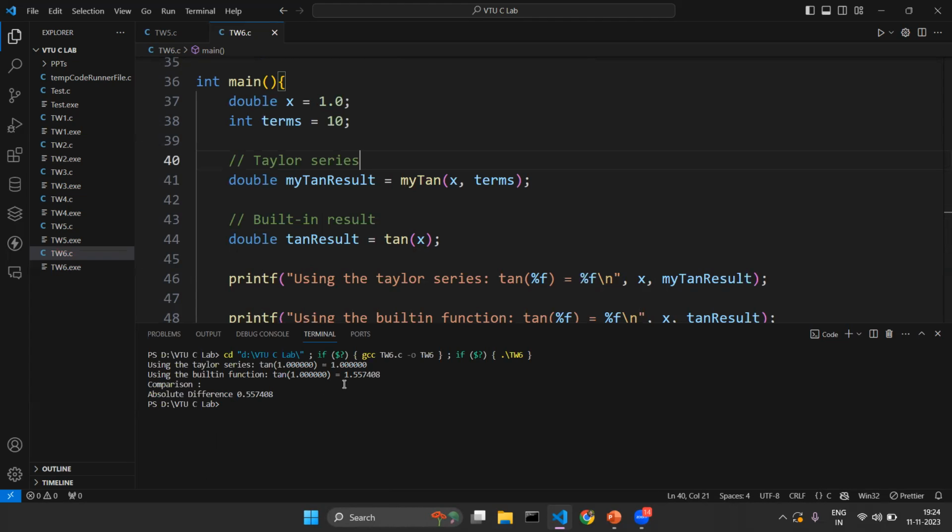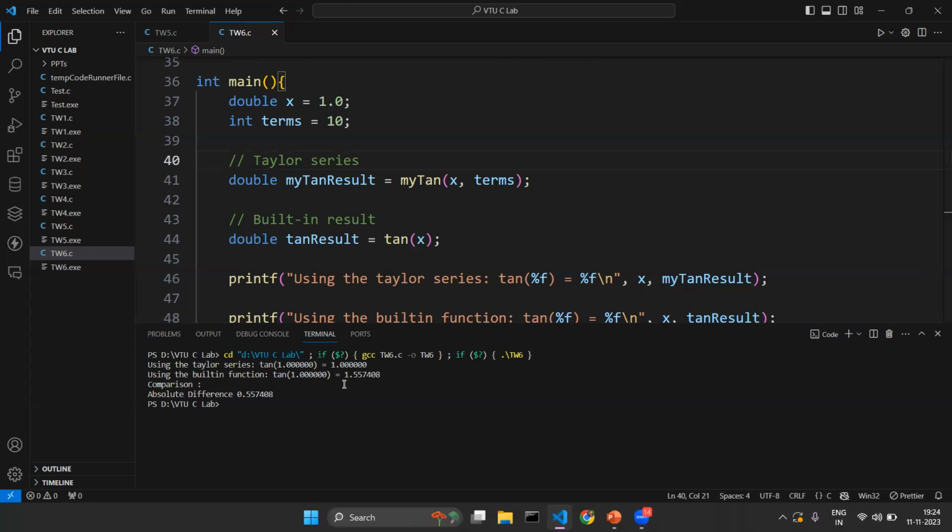Yes, you can see. Using the Taylor series, we have got tan of 1.0 equal to 1.0, and using the built-in function, we have got tan of 1 as 1.55, and the absolute difference is coming to be 0.557.